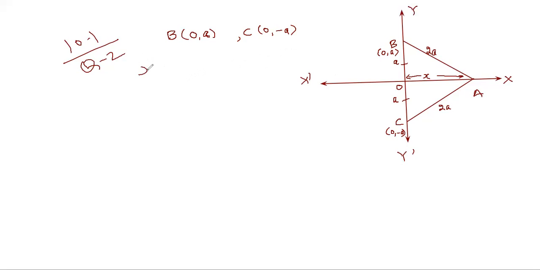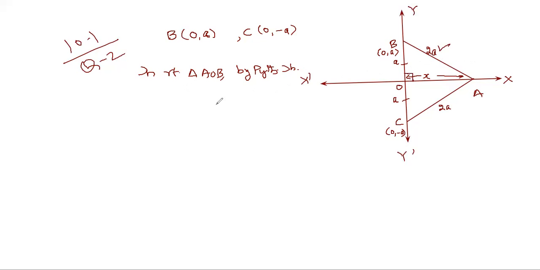So in right triangle AOB, by Pythagoras theorem, the hypotenuse, the side which is opposite to 90 degrees, is always the hypotenuse.